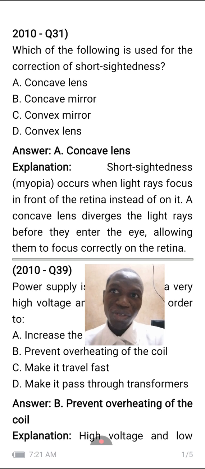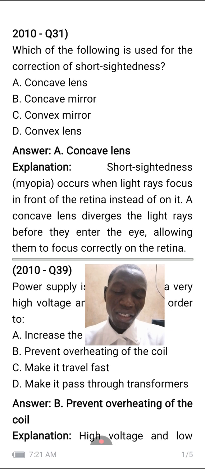Situations where someone may see something that is far but may not see something that is close, or may see something that is only close and may not be able to see what is far. So these are defects. These are medical conditions that are corrected using glasses. Okay, so the question is now, which type of glass is given to someone that is suffering from short-sightedness?